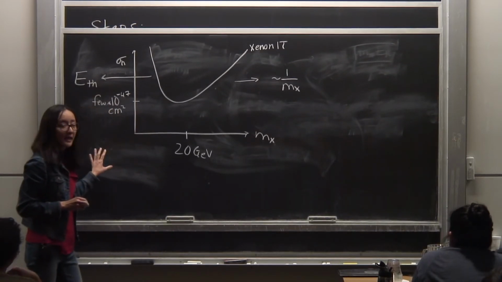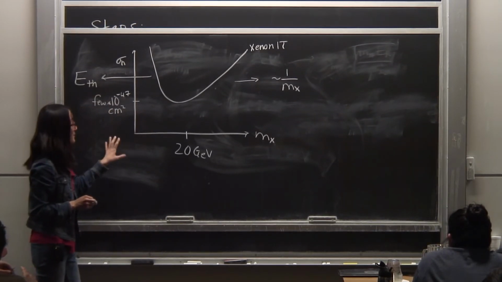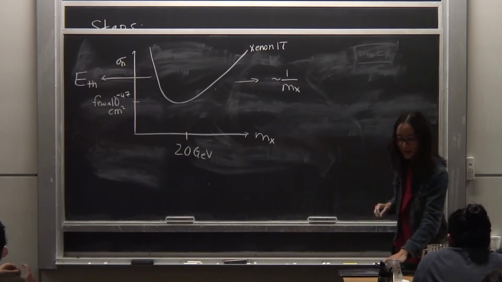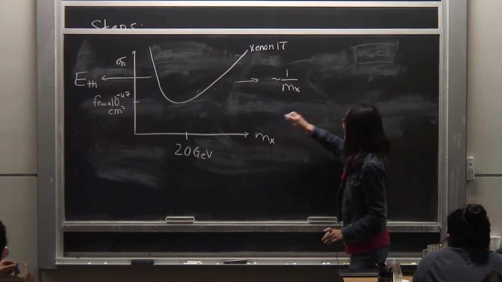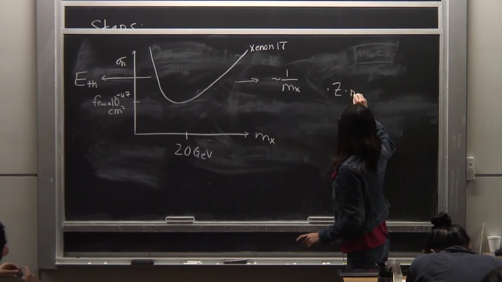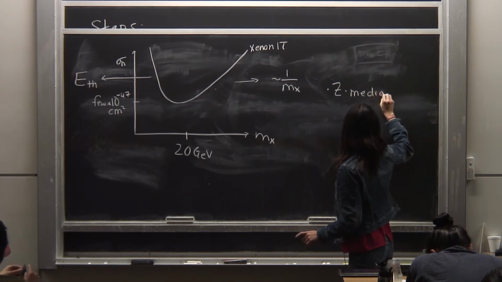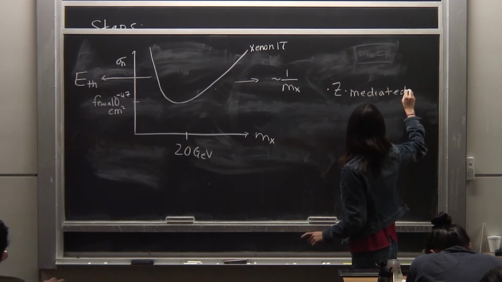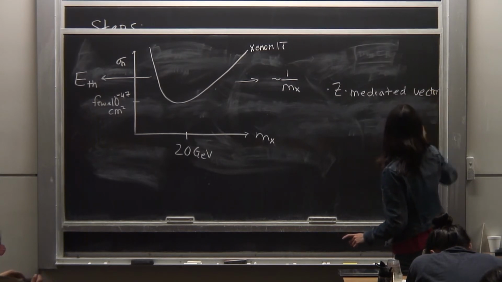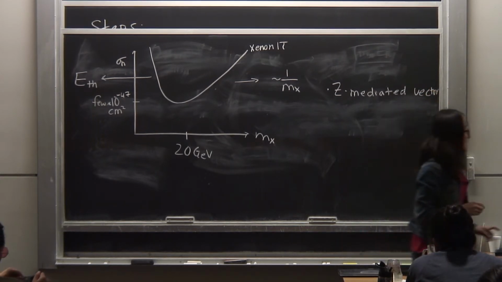So again, these are targeting weak scale dark matter, or WIMP dark matter. So let's just comment on a couple of benchmarks in this parameter space that people have discussed. One is Z-mediated vector, obviously, because it's spin independent.